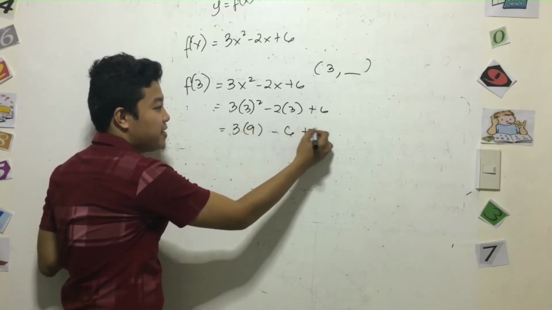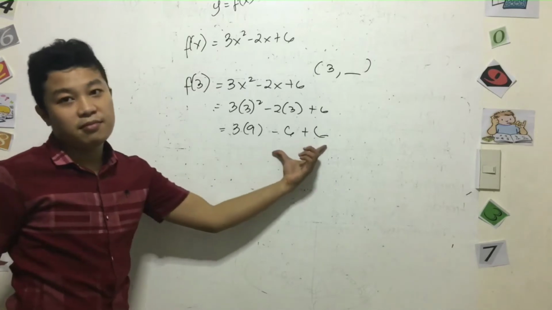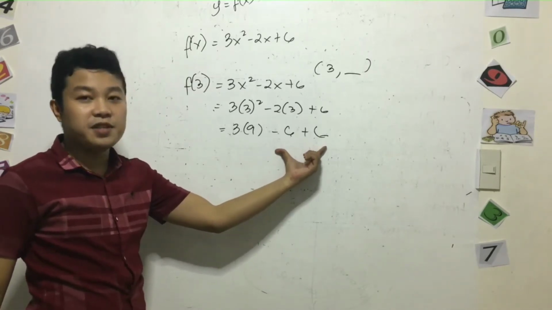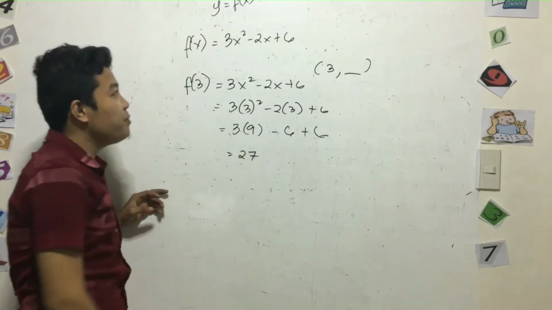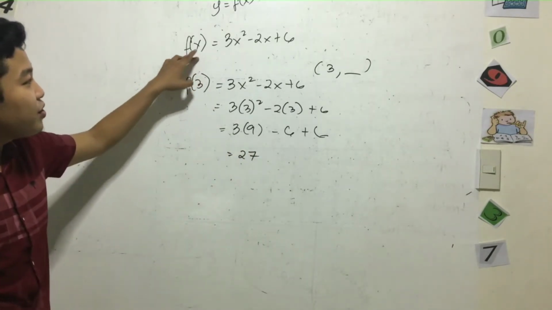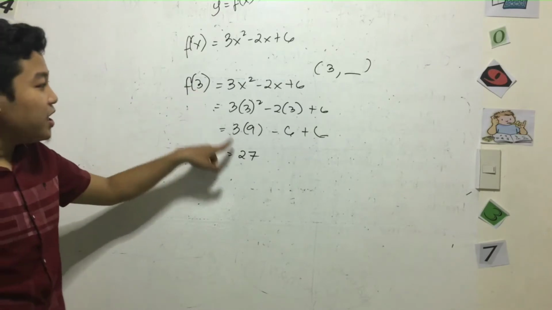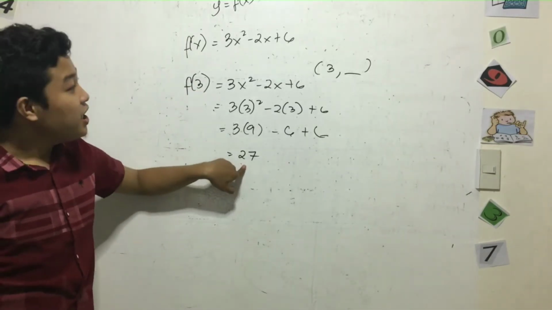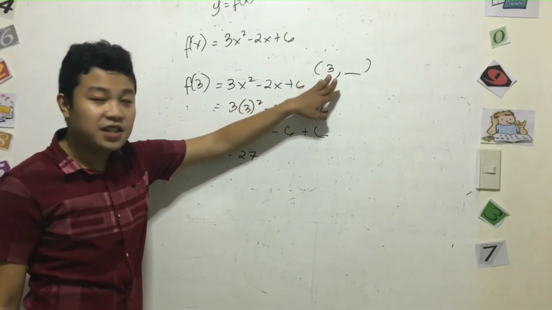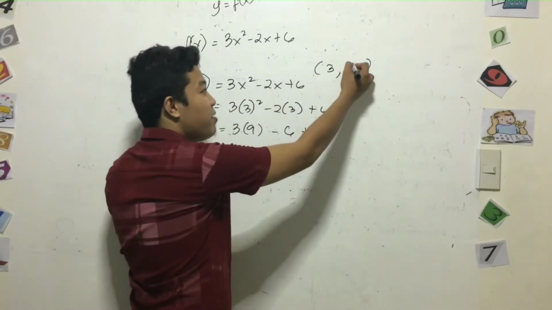Minus 6 plus 6. And then, cancel this out. Because negative 6 plus 6, that's 0. Then we have 27. So, meaning to say, the value of this function in x is equal to 3 is 27. Or we can rewrite this in an ordered pair in a manner of the first element is 3 and then the output is 27.